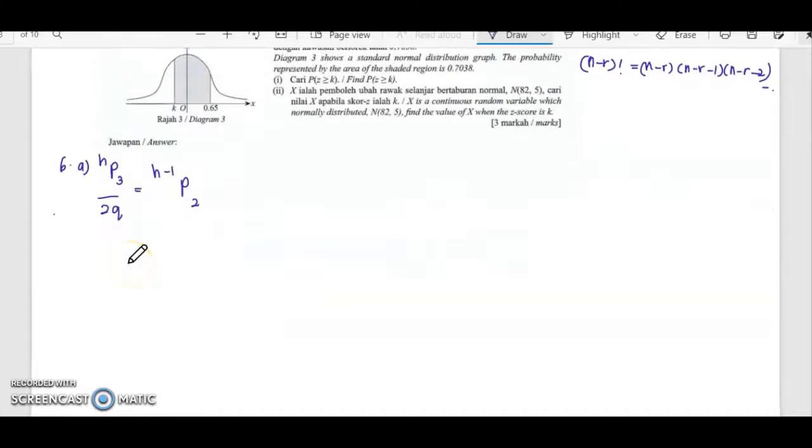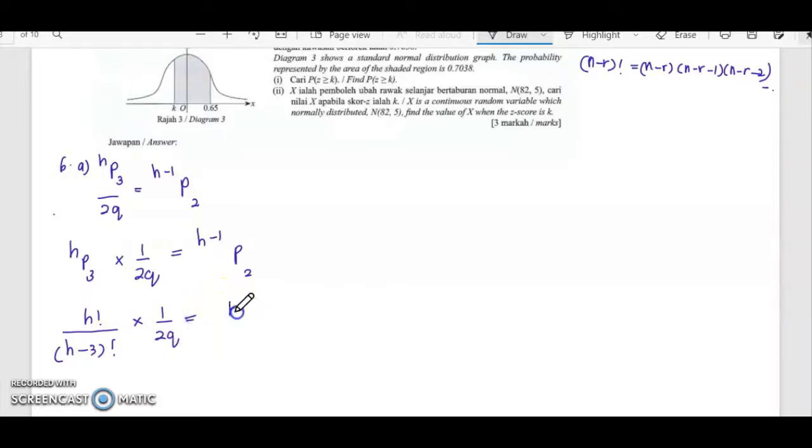So from A, here hP3 is actually equal to h factorial over (h minus 3) factorial. Okay, kita letak dulu 2Q tu kita letak tepi dulu. hP3 times 1 over 2Q equal to (h minus 1)P2. So this one kita tukar kepada bentuk factorial, which is h factorial over (h minus 3) factorial times 1 over 2Q.